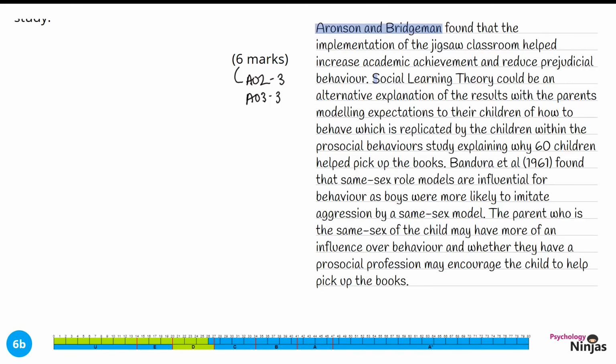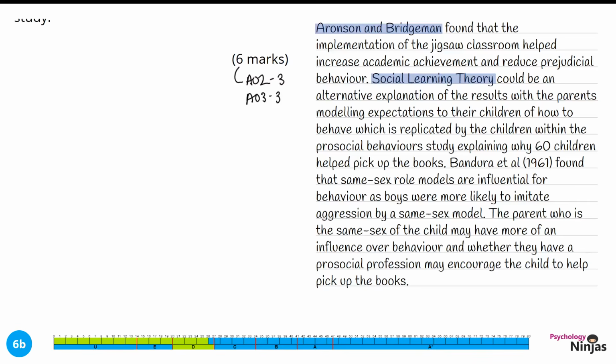Our alternative theory has come from social learning theory. However, you could do anything as long as it's not realistic conflict theory. We've gone for social learning theory here as our alternative, but you could use any theory as long as it's not realistic conflict theory, and you can link it into those findings.